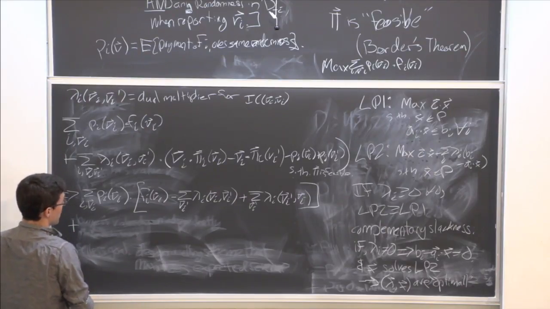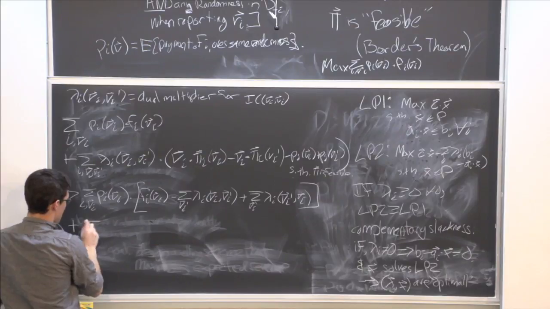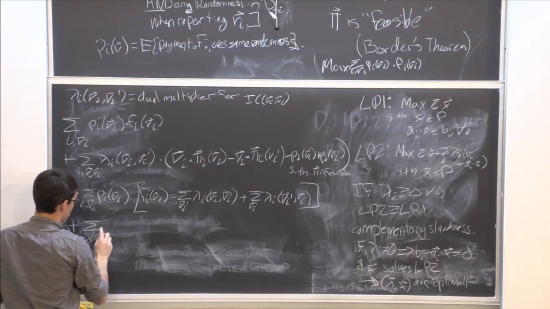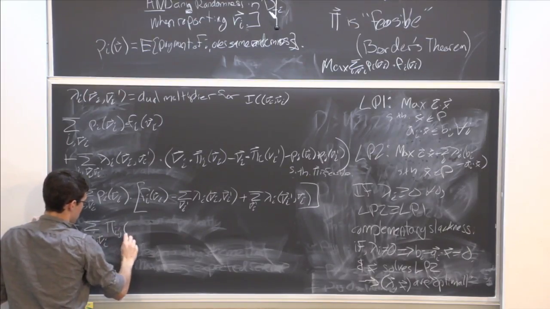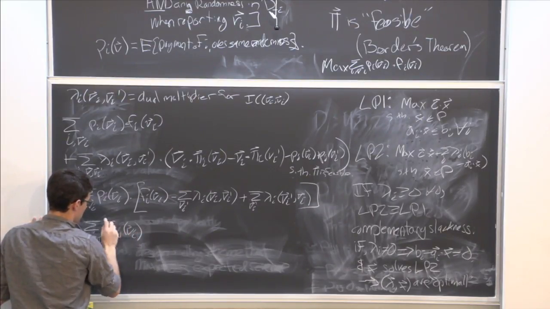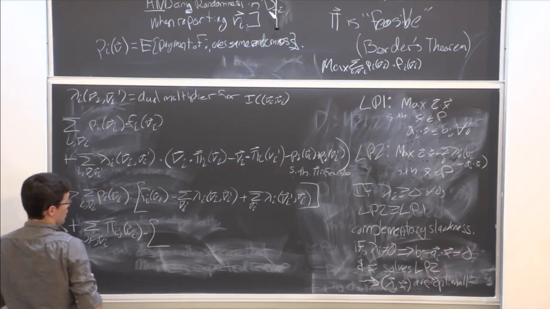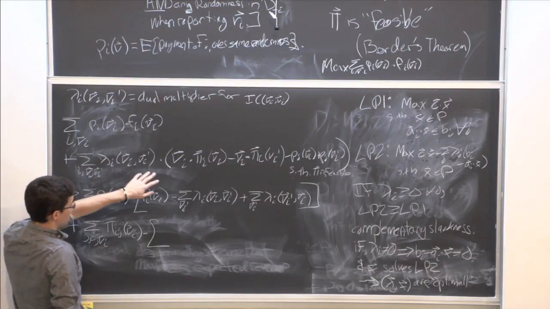And the other ones, we can also separate out by each j separately. So what is it going to get? It gets nothing from here.